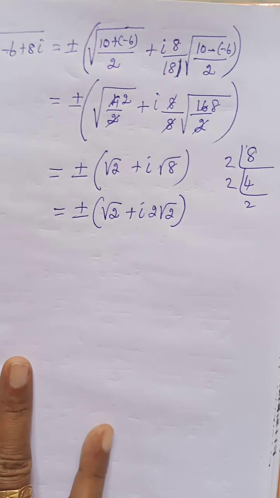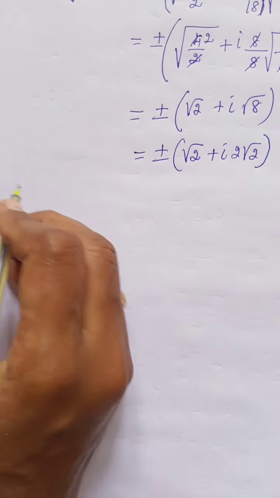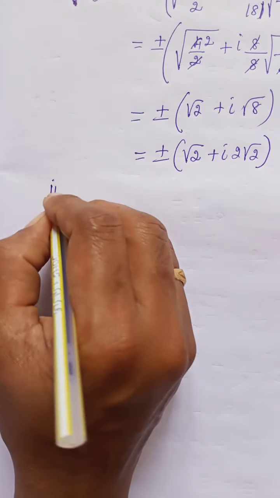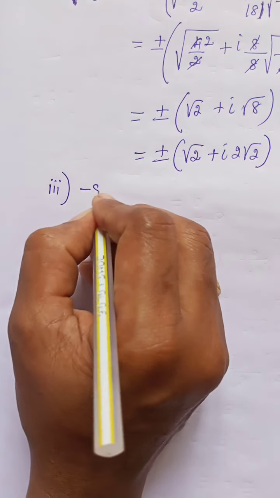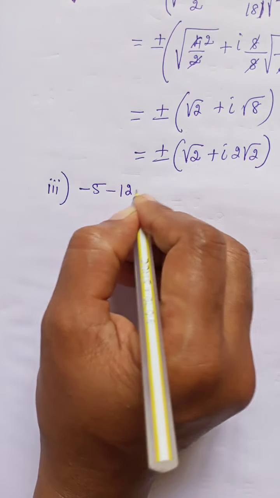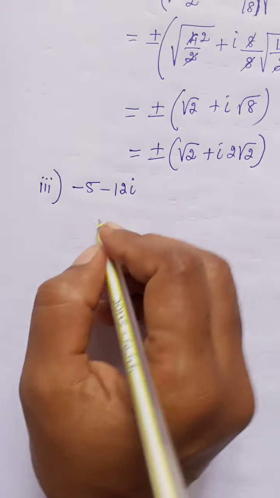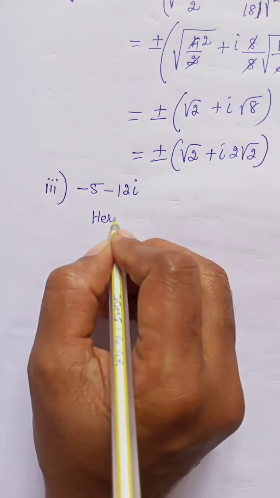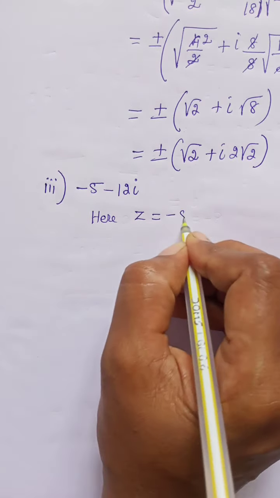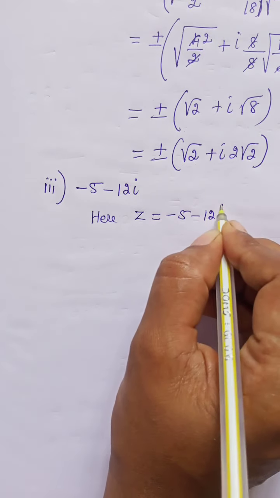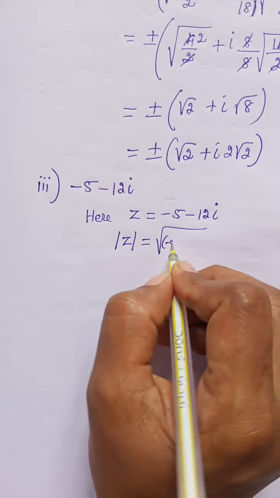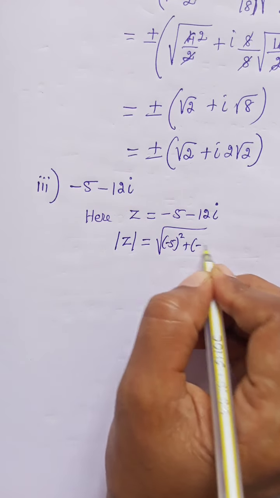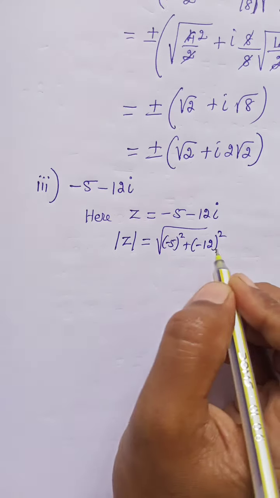Is that clear? I hope all of you have understood how to find the square root. We have one more subdivision, that is minus 5 minus 12i. So, here we can take z is equal to minus 5 minus 12i. So, modulus z equal to the root of minus 5 the whole square plus minus 12 the whole square.